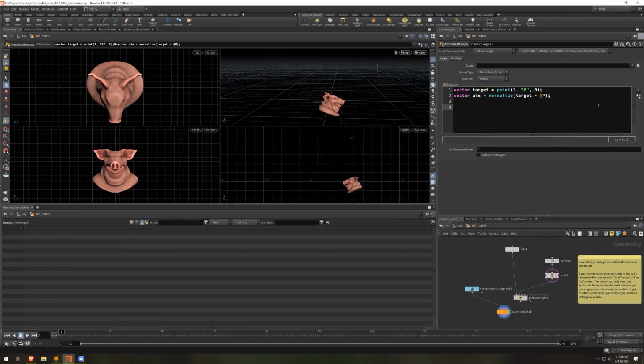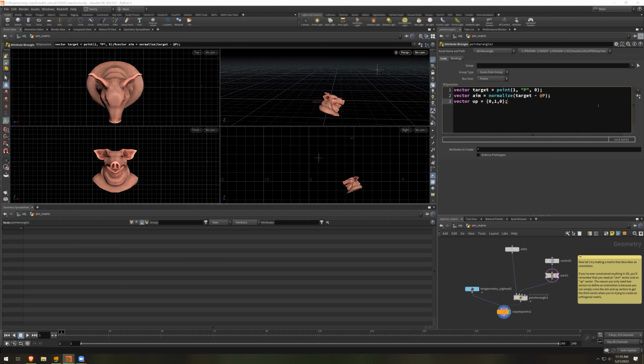So if you're used to dealing with constraints in 3D, the other vector that takes part in this is the up vector, right? That's the other part that you usually have to define in order to describe an orientation. And this can be really whatever we want in this case. We're not doing anything too complex. So let's say up equals world up, 0, 1, 0.